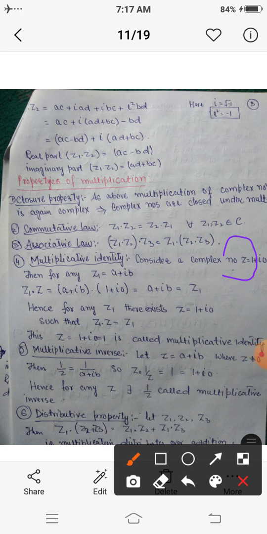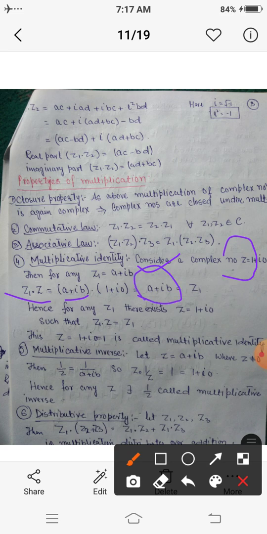Then for any general complex number z1 equals a plus iota b, z1 into z is a plus iota b into 1 plus iota 0. Now 1 plus iota 0 is simply 1, and a plus iota b into 1 is a plus iota b.